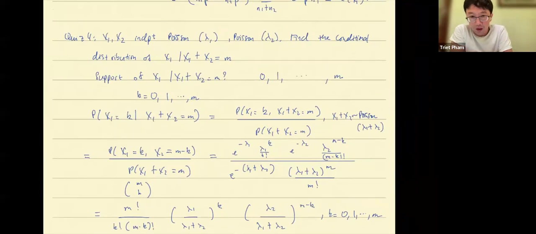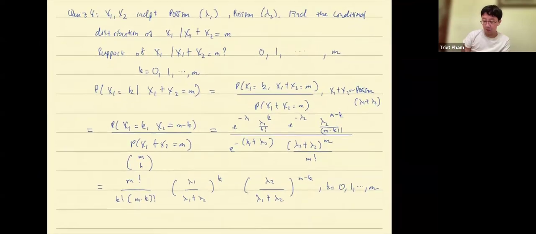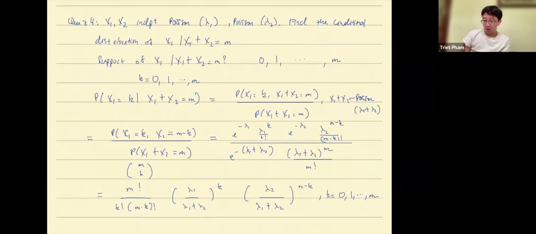Well, the answer is about understanding the meaning of a Poisson random variable. What does a Poisson random variable model? It models the number of arrivals, or the incoming stream, of a certain kind of event.